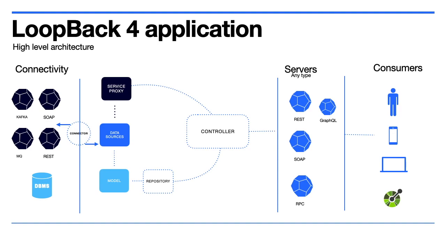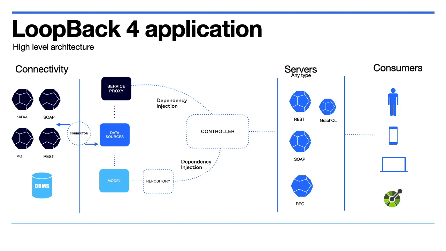The service proxy and the repository are being injected into the controller through something that we call the context. We're going to review the context in the next slide. So they are injected in the controller. It means that they are available to the controller in this case.